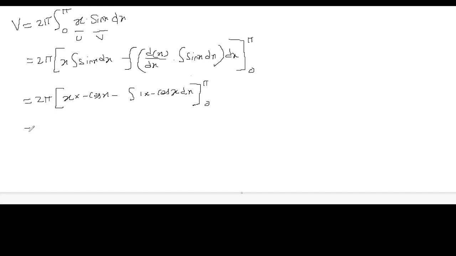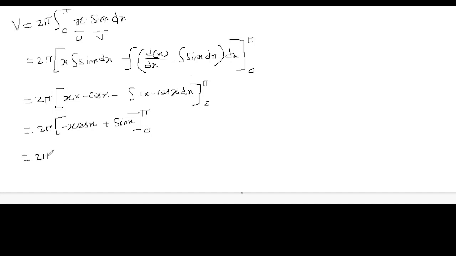Finally, after simplification and integration, we get 2 pi, this gives minus x cos x. Here the minus will come out to become plus, and the integration of cos x is sin x. At the limit 0 to pi, we just need to put the values of the upper limit and lower limit.